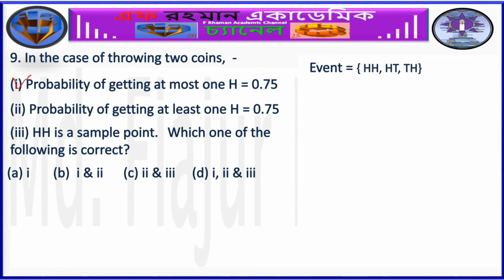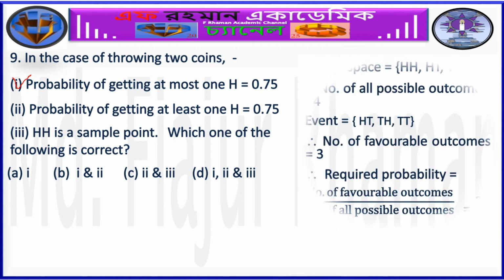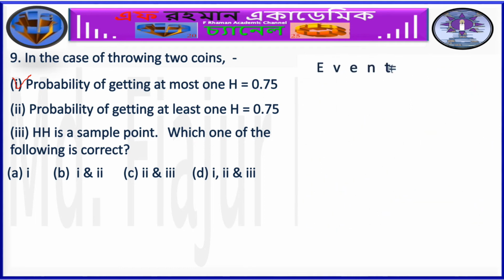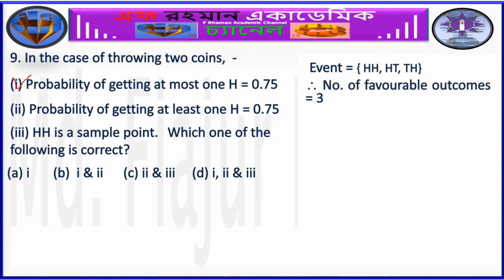In the case of at least one head, we should exclude the outcome containing no head, and it is the outcome TT. That's why the event is the set of HH, HT, TH. Therefore, the number of favorable outcomes is equal to 3.